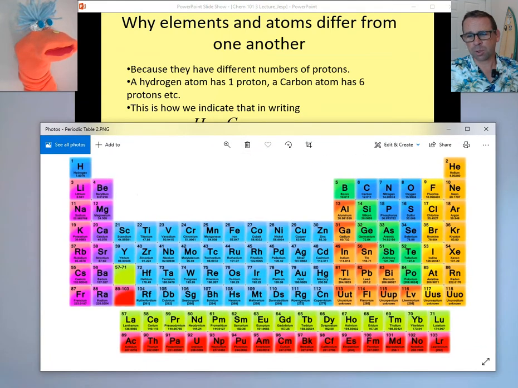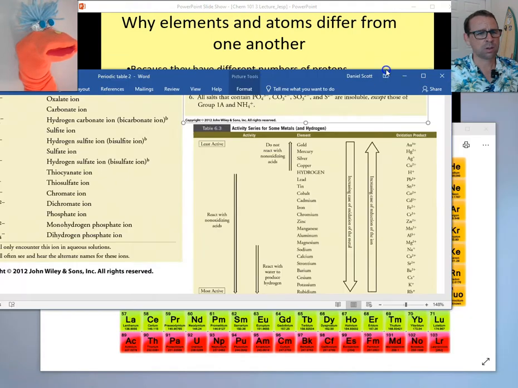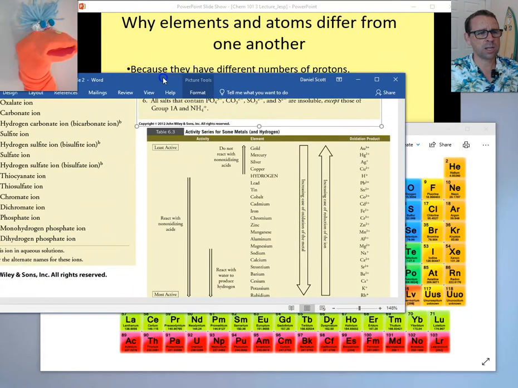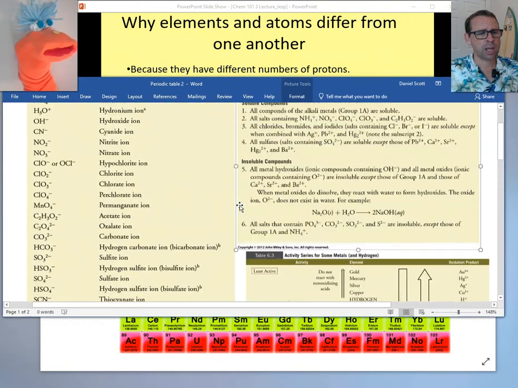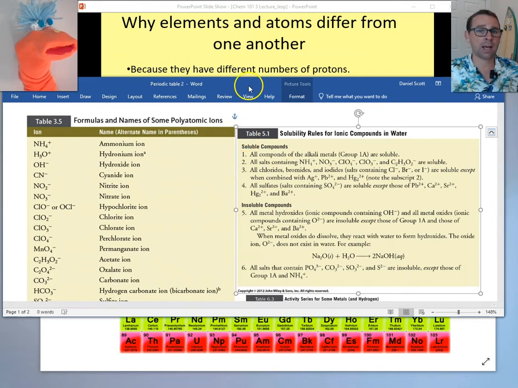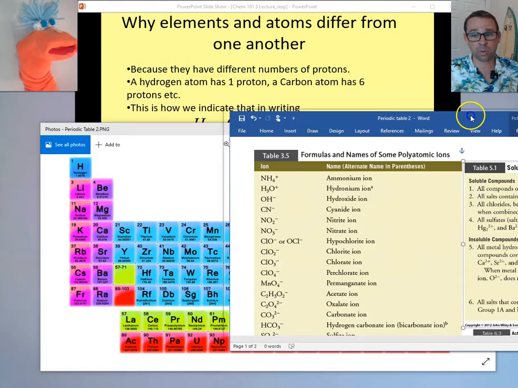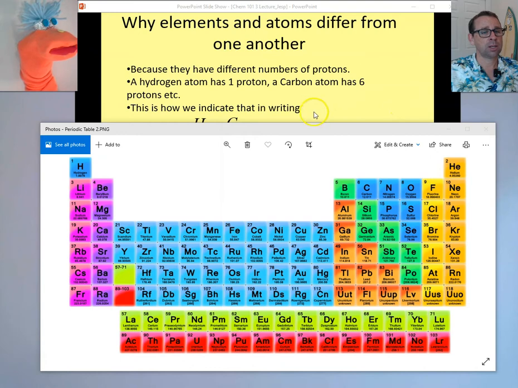On the back of the periodic table that you're going to print out, there are some tables, and I need you to have those available as well. So, yeah. Now, back to this.